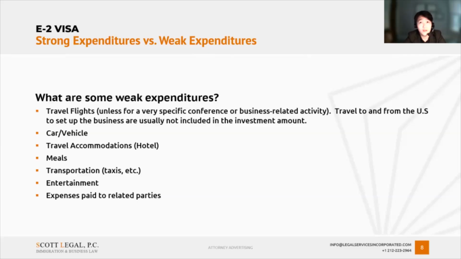If the car is stamped with the company's logo, that could be another question. But generally, we would not include the cost of purchasing a car if it's just for transporting the owner to and from the office.